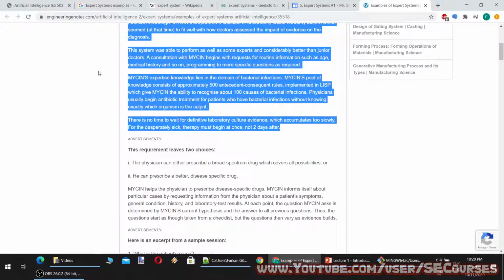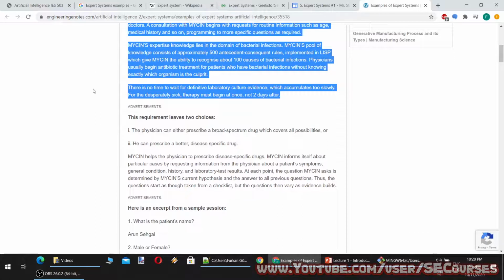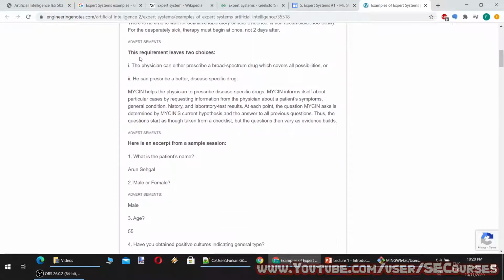Mycin's pool of knowledge consists of approximately 500 antecedent-consequent rules, implemented in Lisp, which give Mycin the ability to recognize about 100 causes of bacterial infections. Physicians usually begin antibiotic treatment for patients who have bacterial infections without knowing exactly which organism is the culprit. There is no time to wait for definitive laboratory culture evidence, which accumulates too slowly. For the desperately sick, therapy must begin at once, not 2 days after.